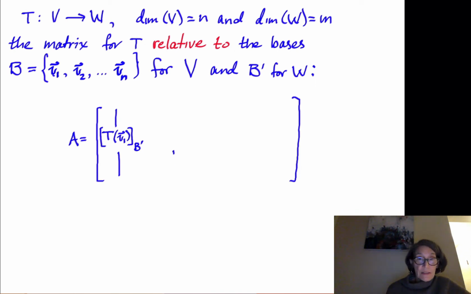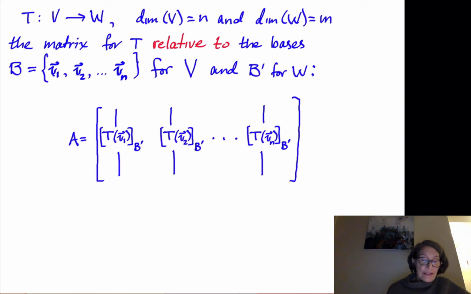Then we do that for the second column: the coordinate vector relative to B prime of the image of the second vector in the basis B. We keep doing that until we get the last column, which is the coordinate vector relative to B prime of the image of the last vector in the basis B. All right, let's see how this looks on an example.